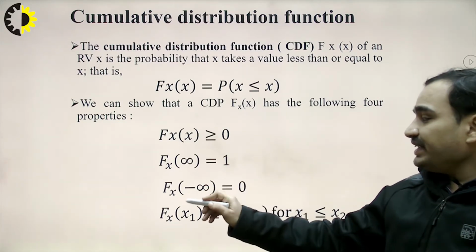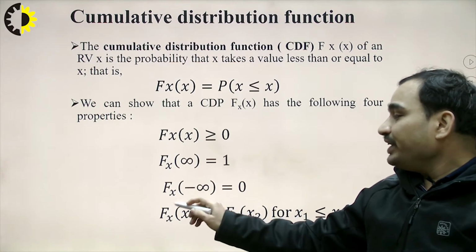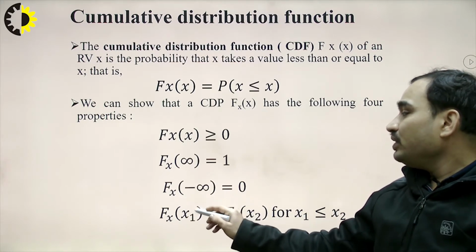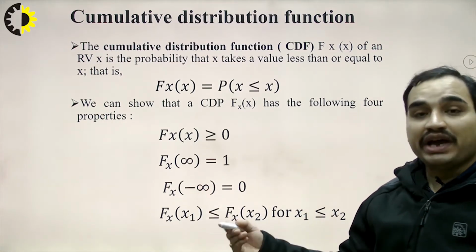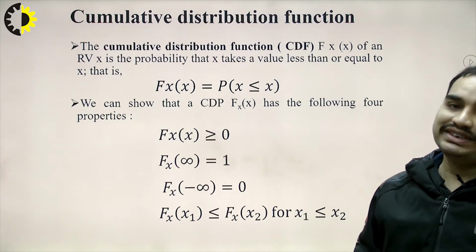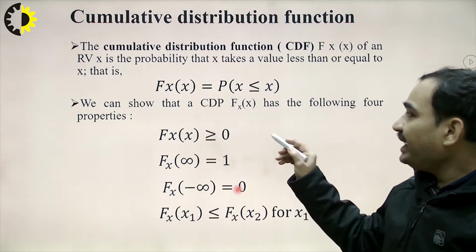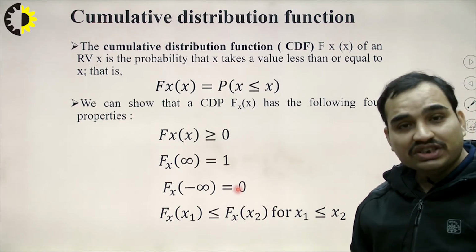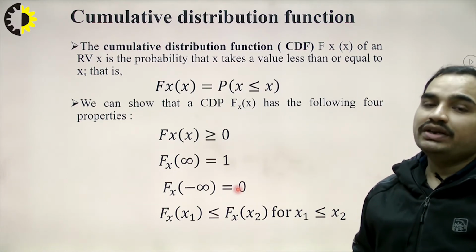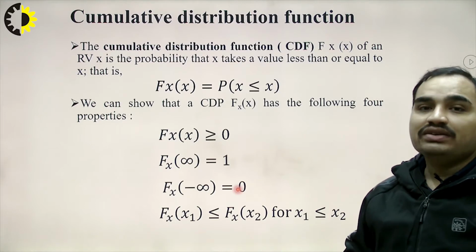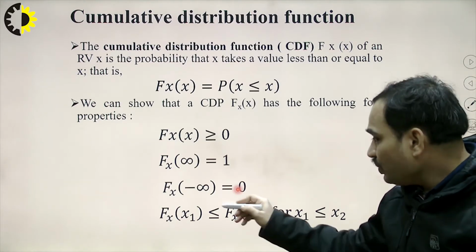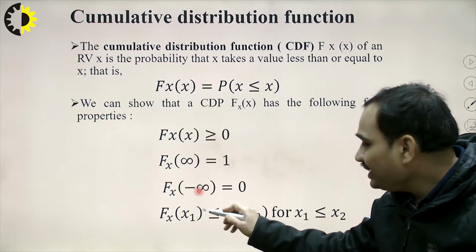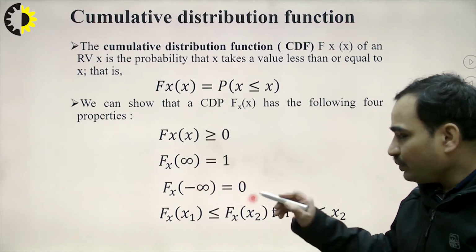Similarly, the cumulative distribution function at minus infinity will be 0, because we know that the cumulative distribution function is either equal to 0 or greater than 0. So here at minus infinity it is equal to 0.